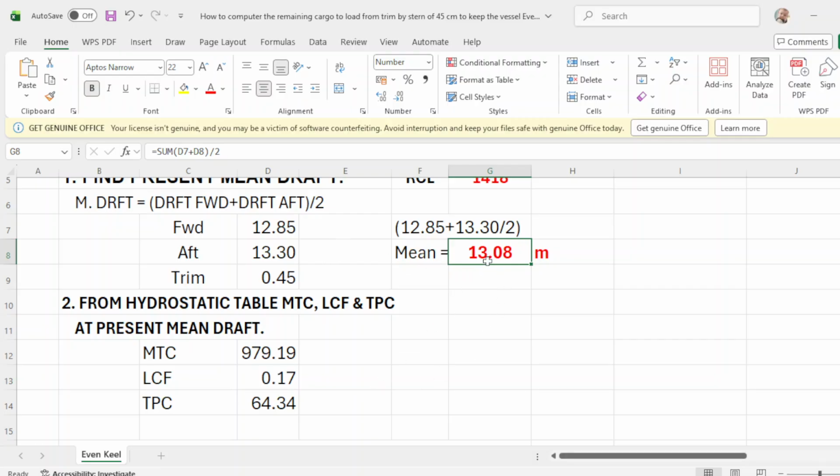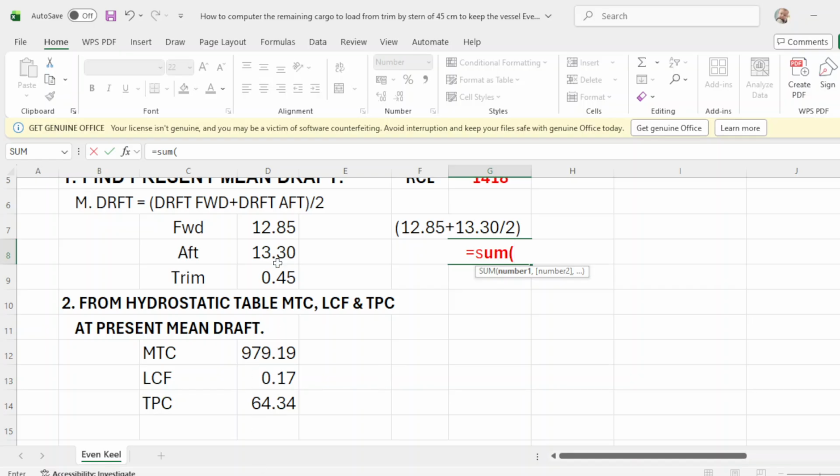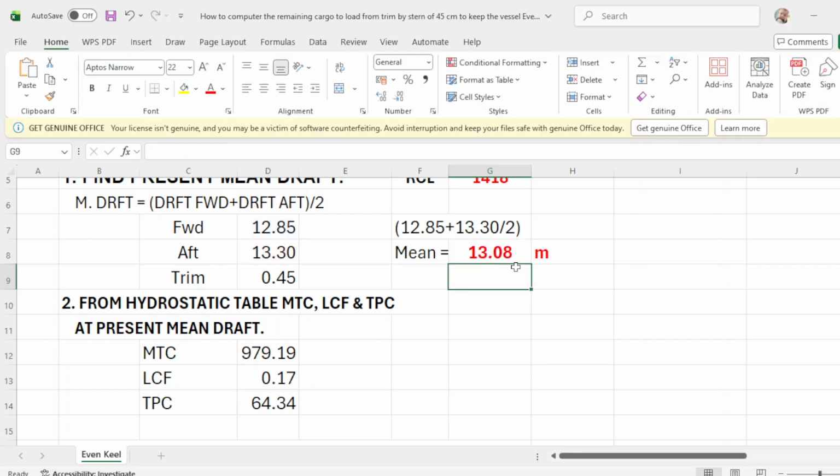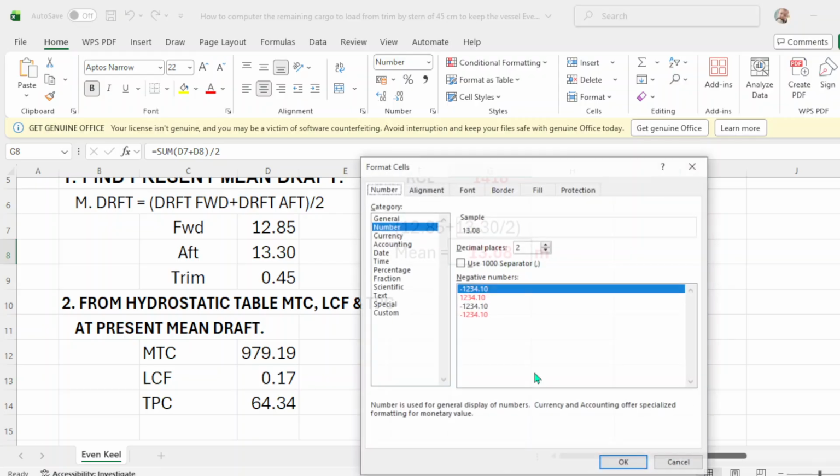Take note, guys. Equals sum, open, click, plus, click the up drop, close, divide by 2, and 3.